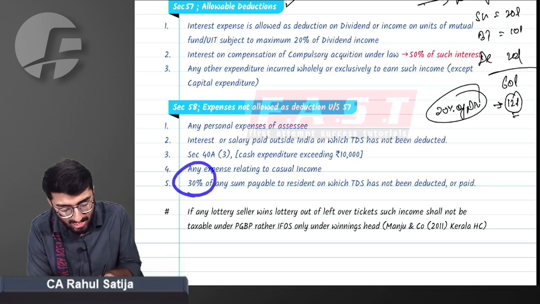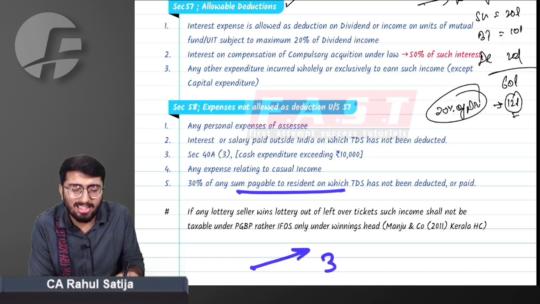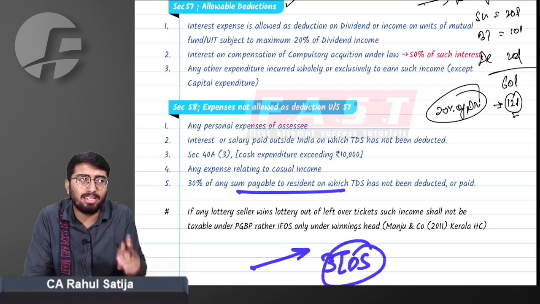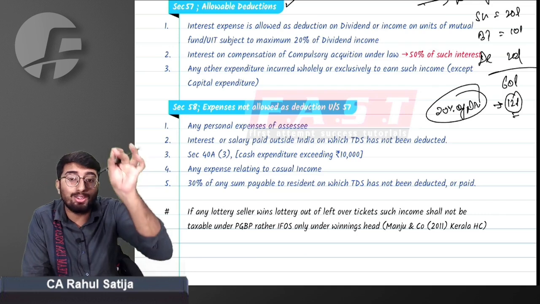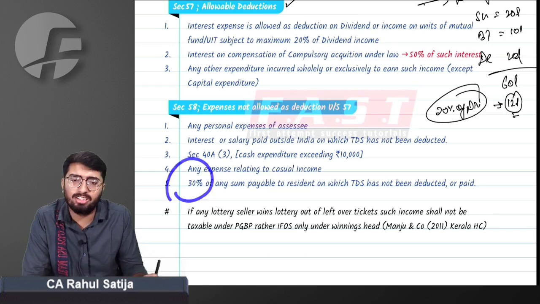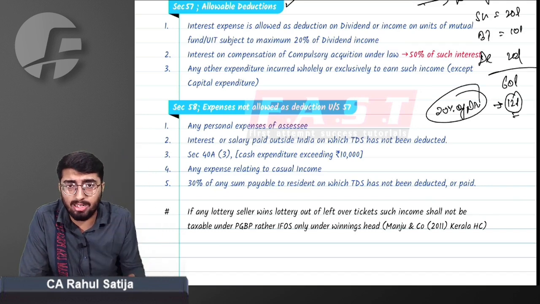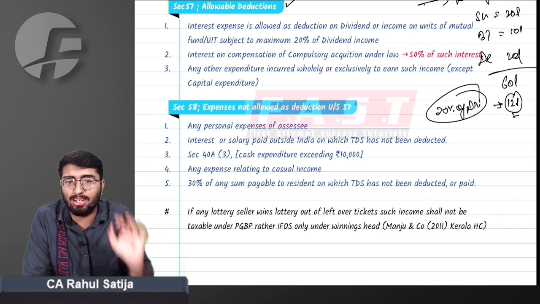And last but not the least, any expenditure which was liable for TDS. You are paying any expenditure to a resident which was liable for TDS, and you did not deduct TDS, or even if you deducted but did not pay TDS to the government, 30% of such expenditure will not be allowed. So what I said, under section 58, the following expenditures will not be allowed as deduction.